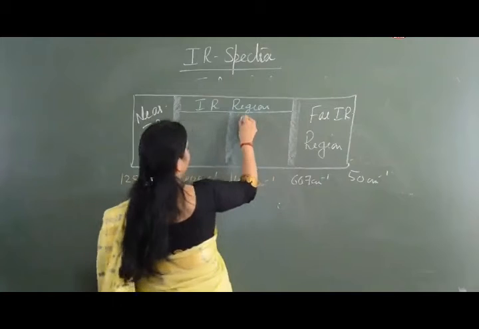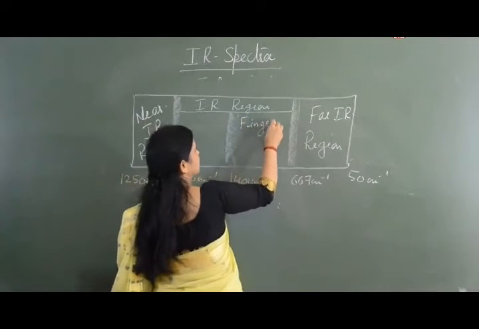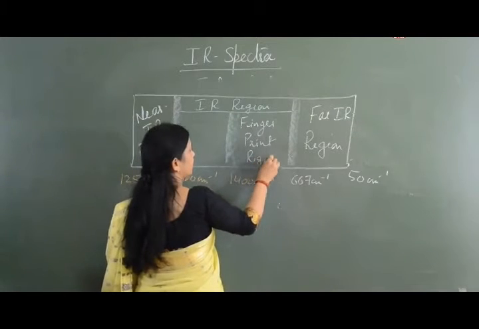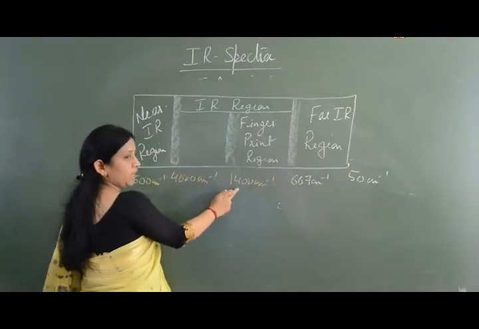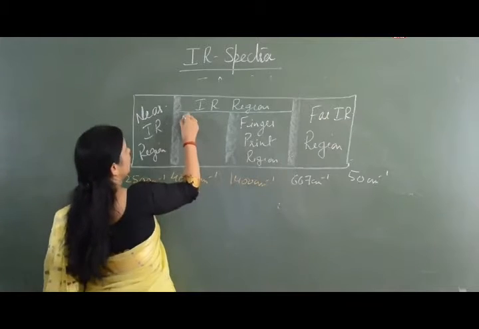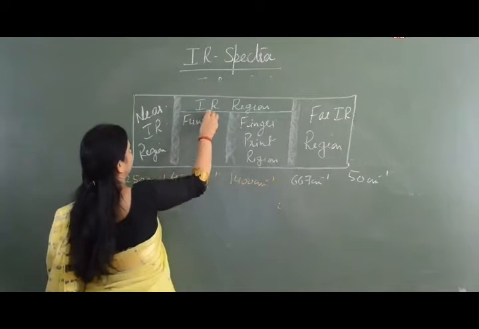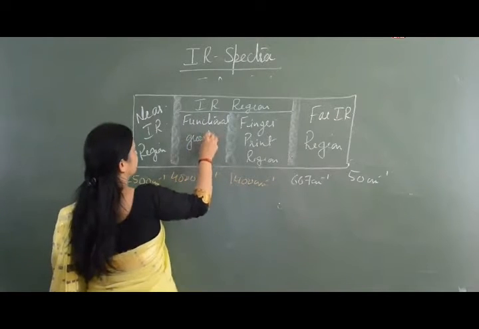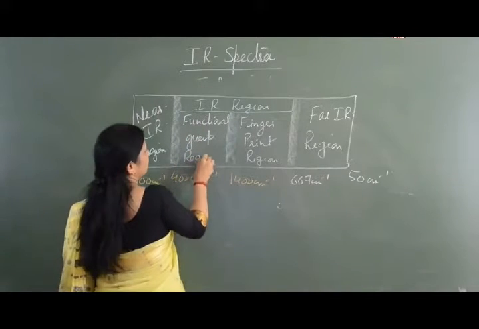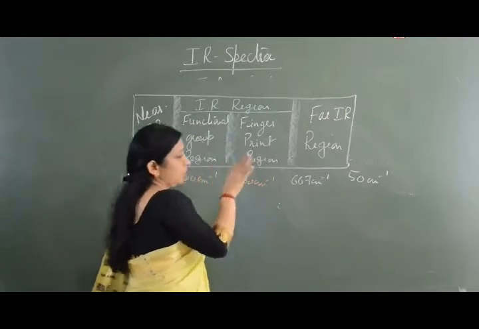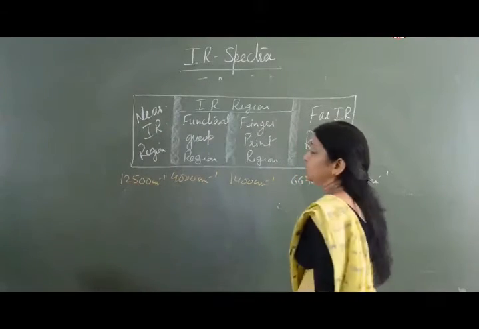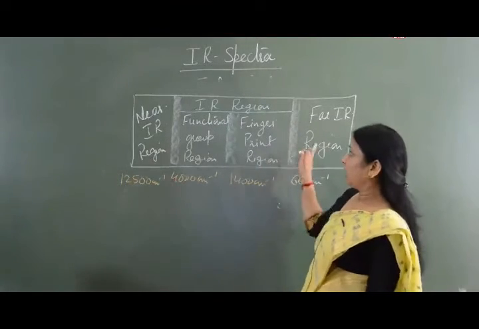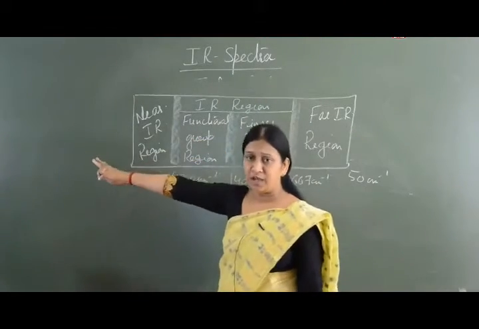One is the fingerprint region, and from 1400 to 4000 is the functional group region. So this is the division of IR spectra. IR spectra is basically divided into three parts: far IR, IR range and near IR range.